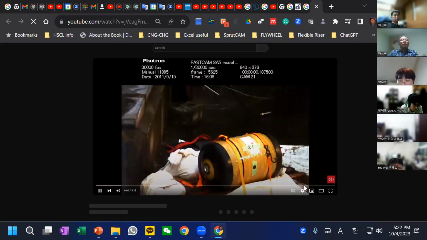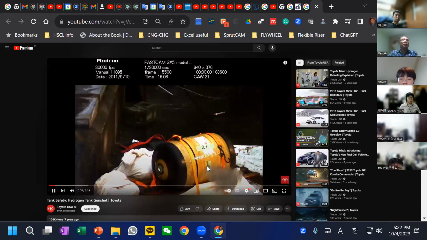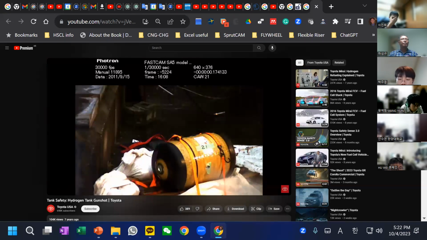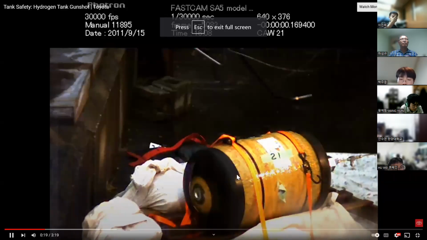Okay, they call it gunshot. This is the gunshot. Do you see that? This is 700 bar. It's such high pressure, and then there is a gunshot. You just fire with a gun, and then you can see the bullet penetrate, and we can see how this hydrogen tank behaves.